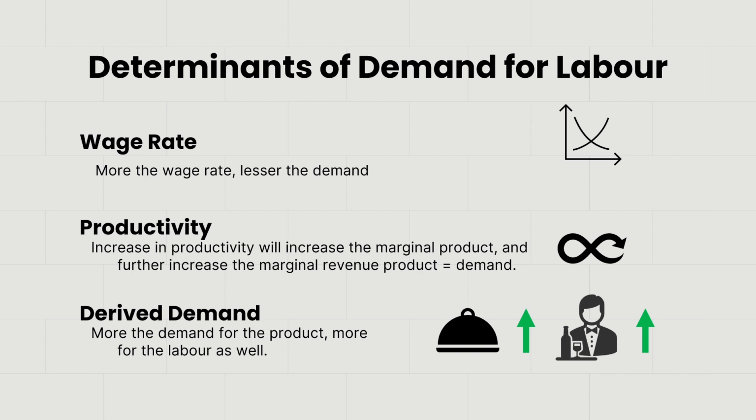And if marginal product increases, then your MRP increases, because marginal revenue product is nothing but marginal revenue times marginal product, and productivity increasing your marginal product increases your MRP as well, and MRP is nothing but your demand. So your demand will increase when productivity also increases. And we have already talked about derived demand. If there's more demand for the product, then there is more demand for the labor as well.